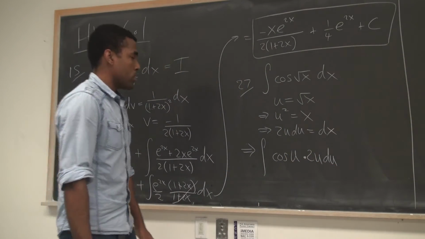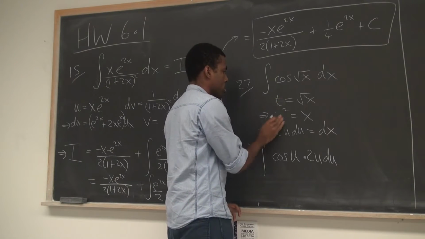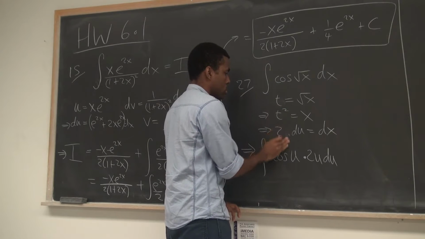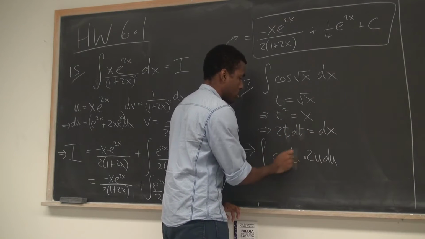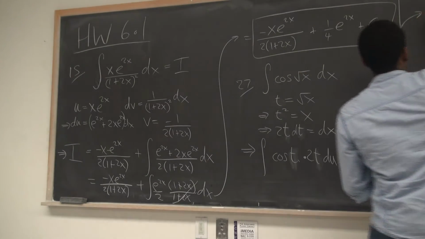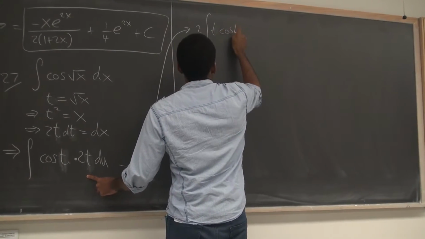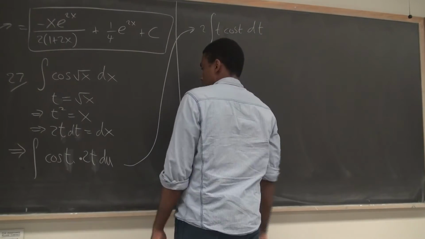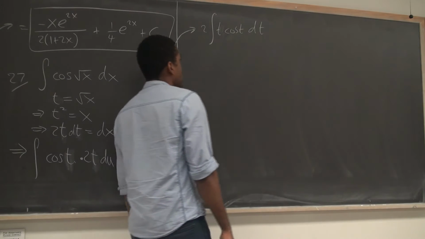Since you want to do by parts, u is probably a bad letter to use, but the principle is the same. Let's use t. So ultimately, this becomes the integral of 2t cosine t, and you can do by parts.